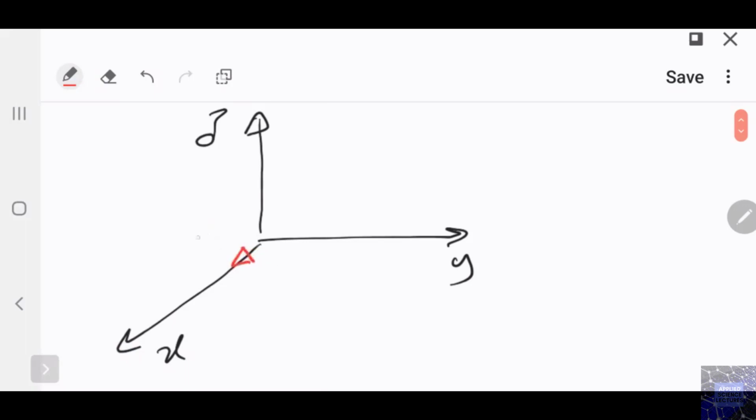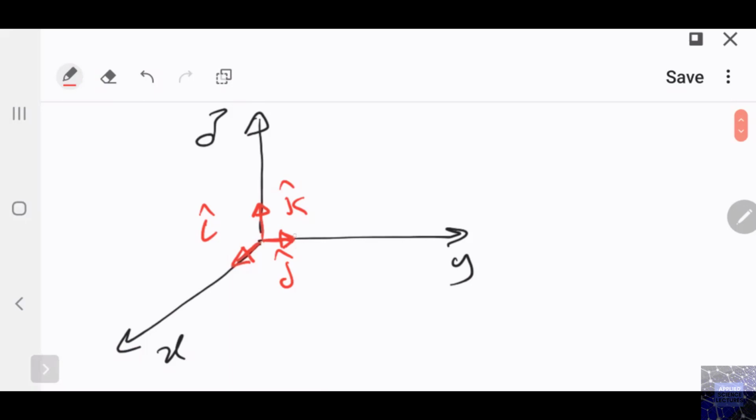this one as i hat, that is unity and pointing in the positive direction of x, and then j hat, also unity, has a magnitude of 1 and points in the positive direction of y, and then the k hat that has also a magnitude of 1 and points in the positive direction of z.